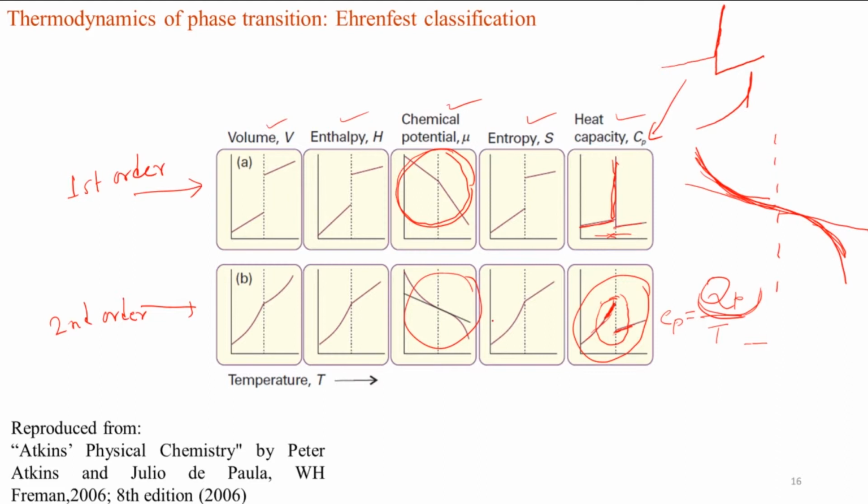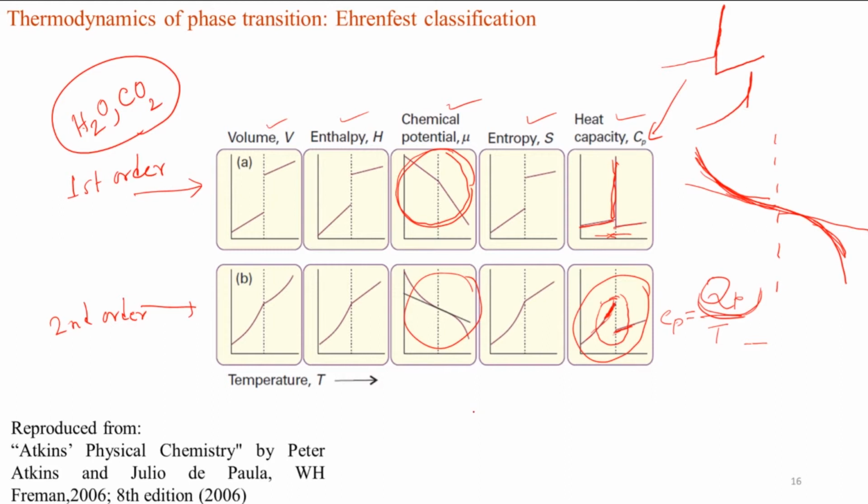The examples which I gave you earlier, like the carbon dioxide phase diagram or the water phase diagram, mostly follow the first order phase transition in a few regions. Examples of second order phase transitions are rare.